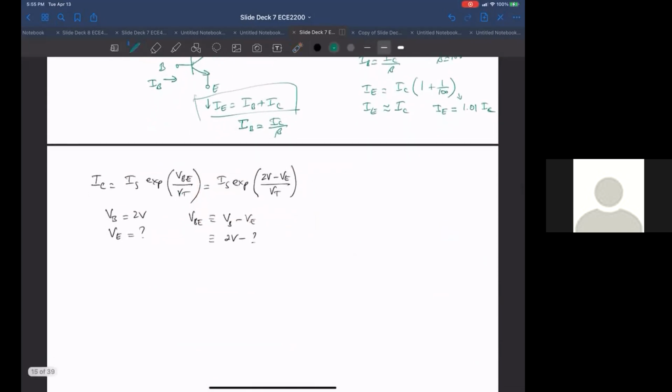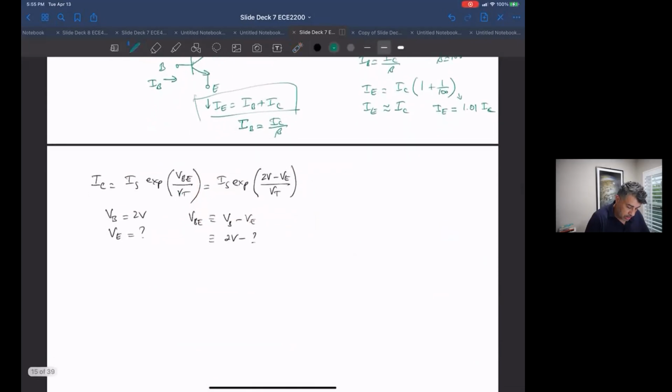Yeah. And so all I did was, let's see, what did I do? Exponential of 2 volts minus VE over VT is I sub C over I sub S. I'm just moving stuff around here.